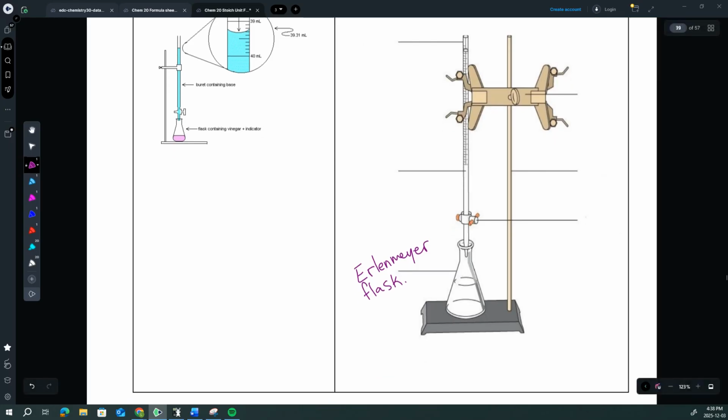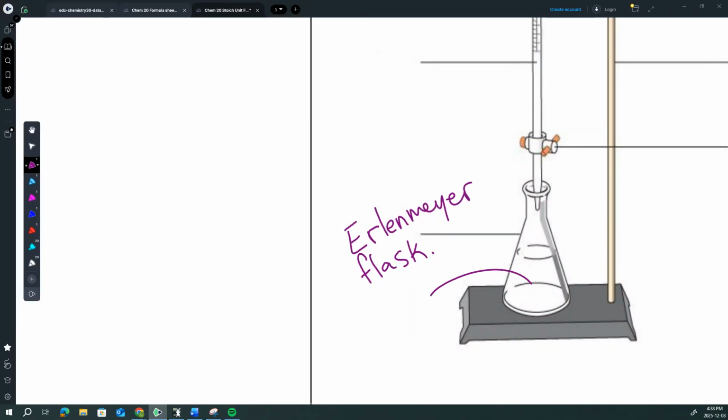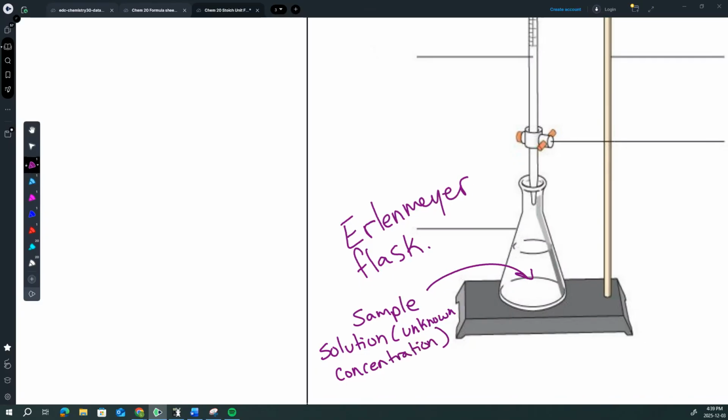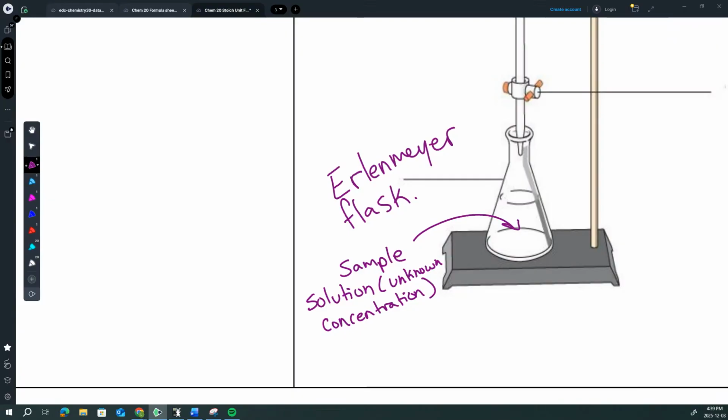Okay, and in the Erlenmeyer flask, what goes into it is going to be your sample, or if you want to call it your analyte, you could call it that too. But this is what you don't know the concentration of. So sample solution, which is an unknown concentration. And you're also going to be putting your indicator.